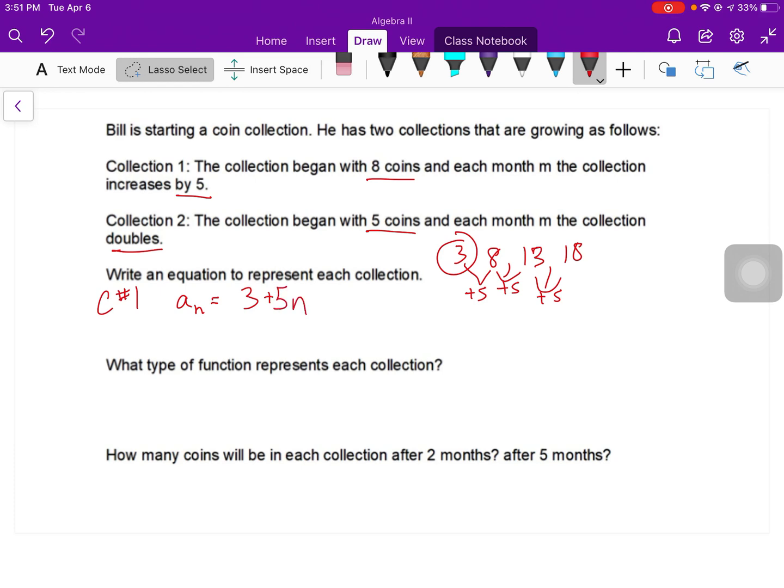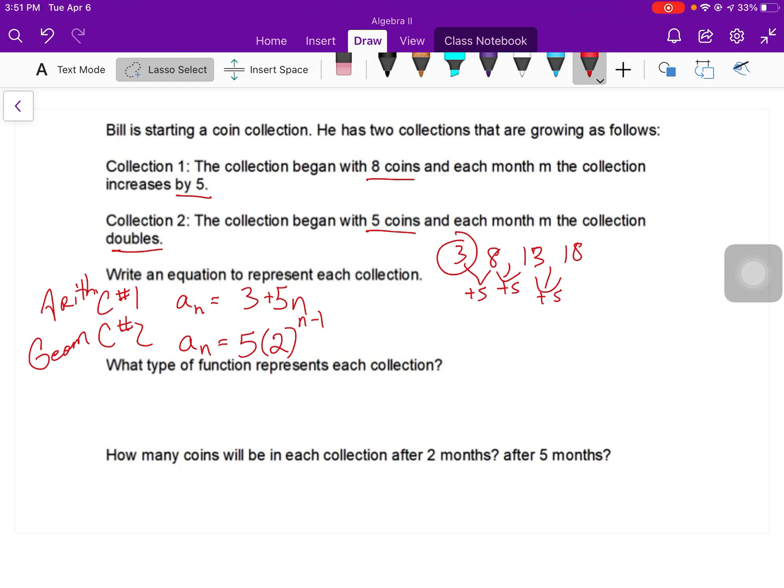Coin collection number 2, going to double. It's going to start off at 5 and 2 to the n minus 1. Again, top one is arithmetic. The bottom one is geometric. Okay, the top one is linear. The bottom one is, I guess you could say, exponential.